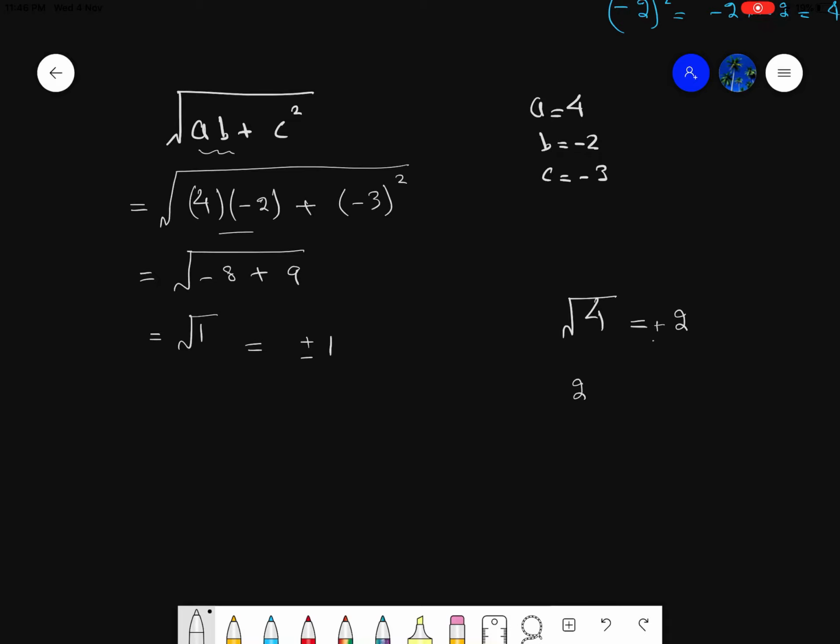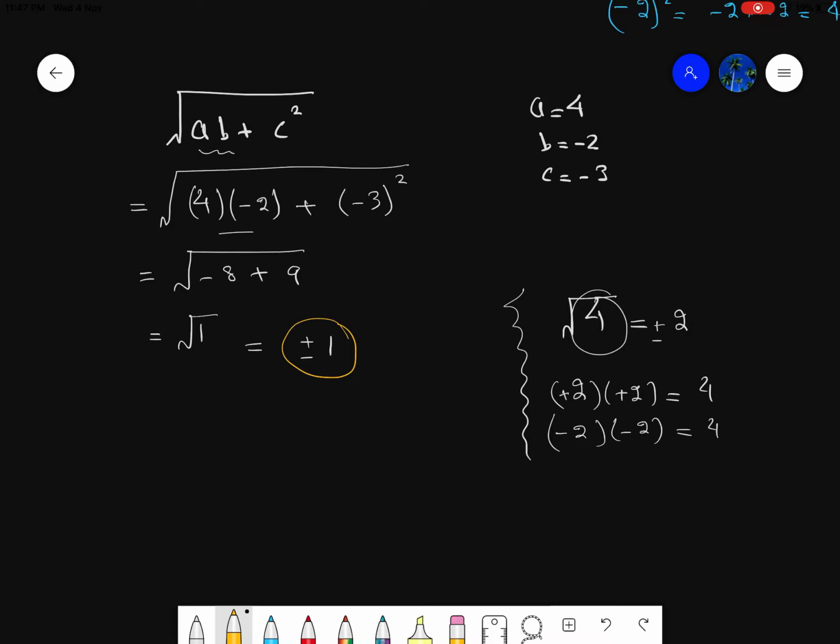So it means that plus minus 2, if we multiply plus 2 and plus 2, we will get 4, right? If we multiply minus 2 and minus 2, minus 2 times minus 2 is again positive 4. So therefore, for any square root, there are always two answers. One is positive and the other is negative. Here also, it's the same thing. Plus 1 into plus 1 is 1. Minus 1 into minus 1 is also 1.